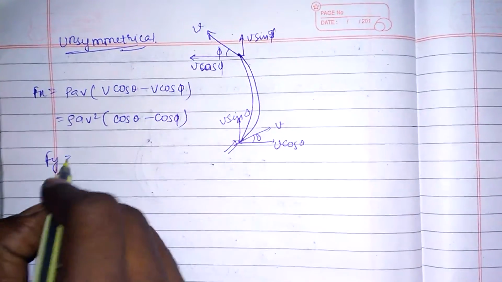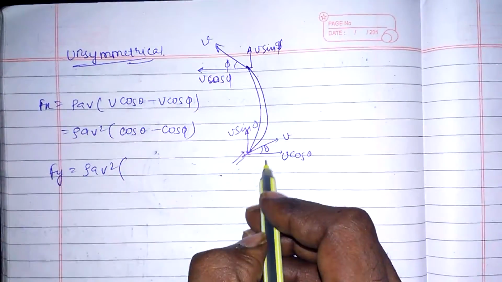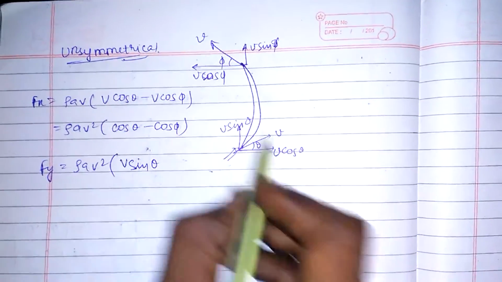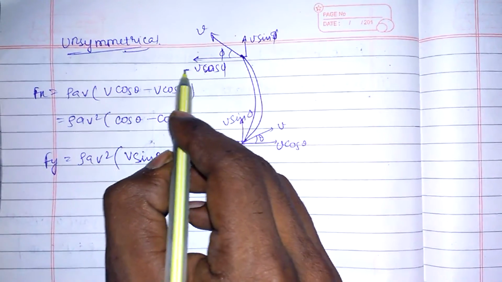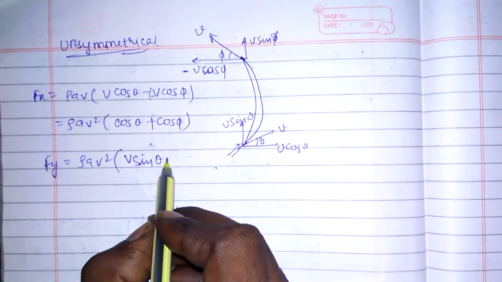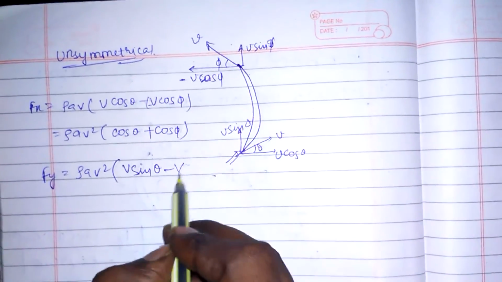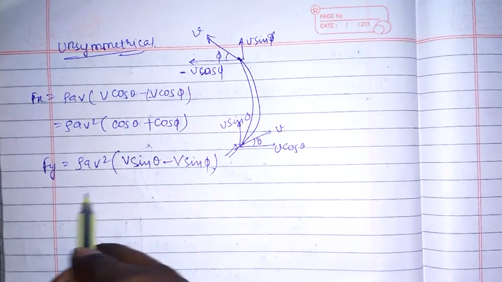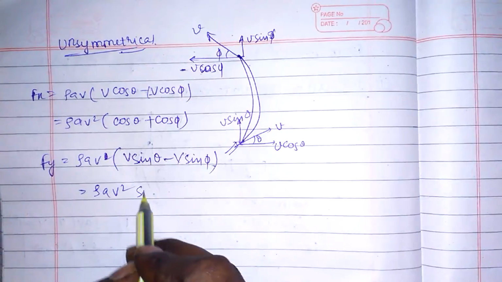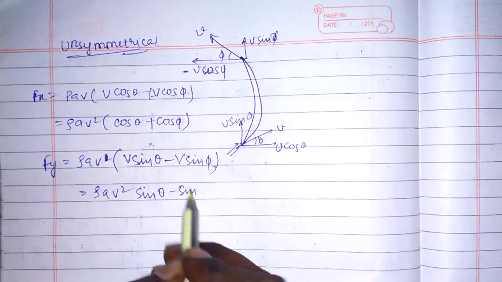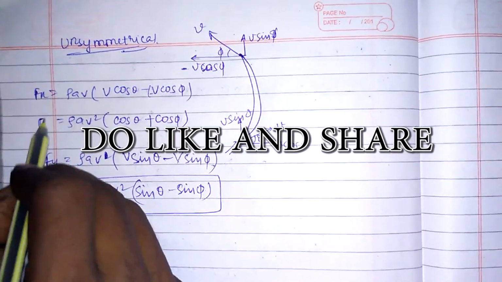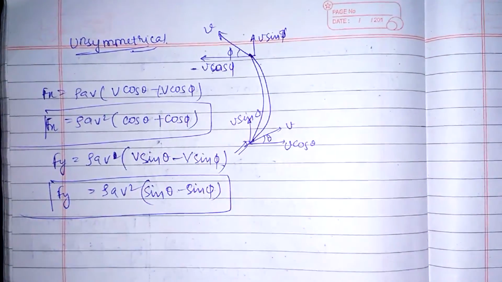Now for Fy it would be equal to rho a v square, v sin theta, minus, sorry, it would be plus, because it is in the negative direction, so minus plus. So v sin theta minus v sin phi. So it would be equal to rho a v square, sin theta minus sin phi. So this would be the force in the y direction and this would be the force in the x direction.